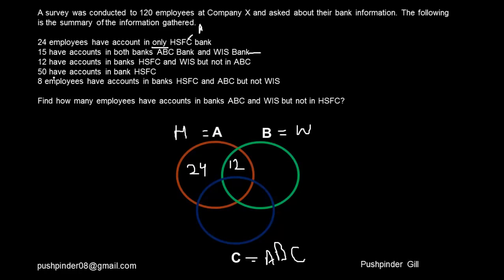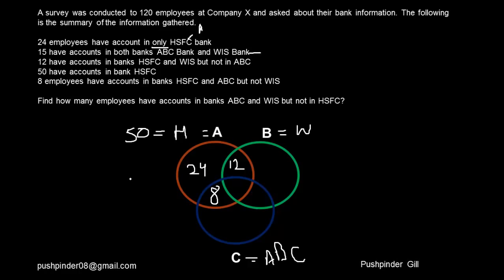Next, 50 people have an account in HSFC. That means this whole circle is equal to 50. And then it says 8 people have an account in HSFC and ABC but not WIS. That is this area, and 8 people are there.